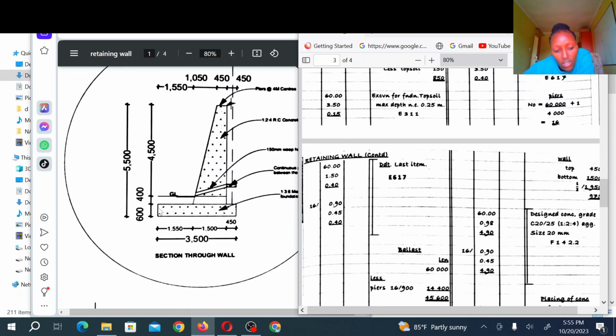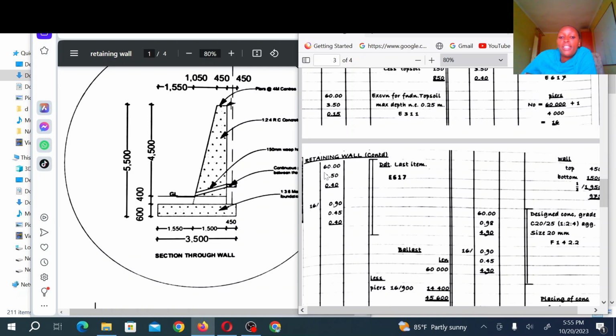So 0.9 times 0.45 times 0.4. This one, 16 piers. All right. So it shall be the total. We have said we shall fill using imported rock. The imported rock shall cover where we do not have the wall, and where between the piers are at the same level.